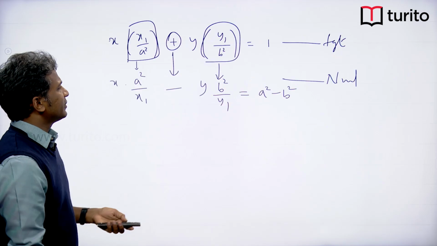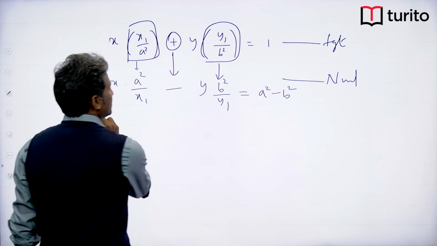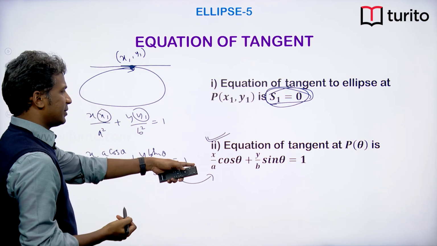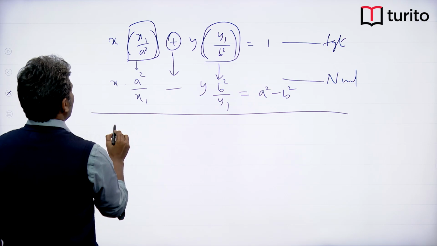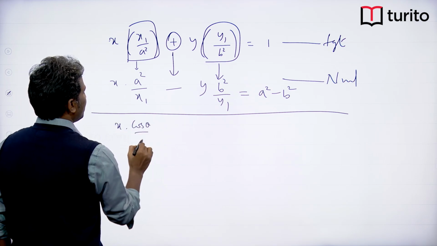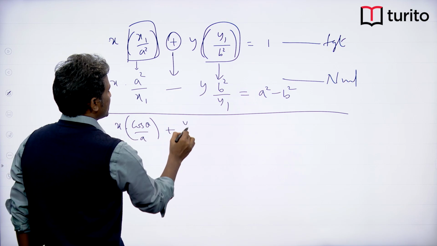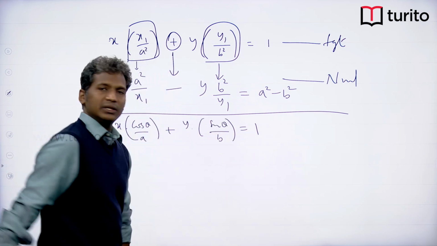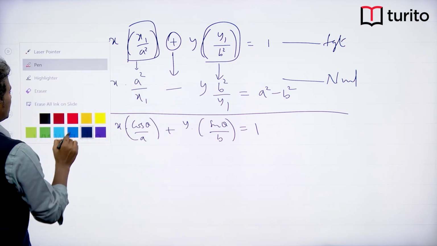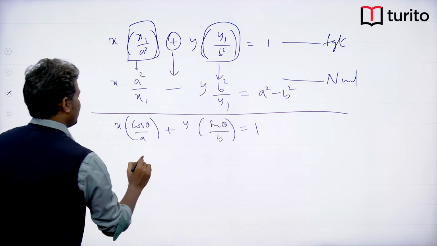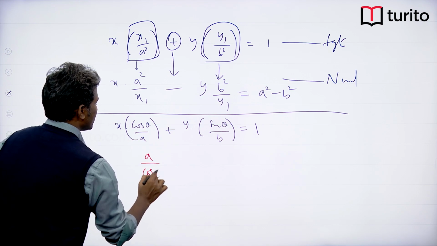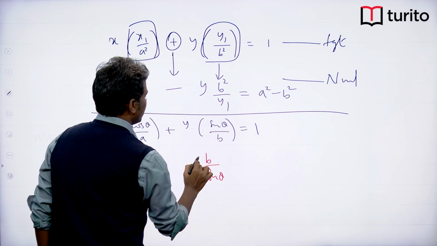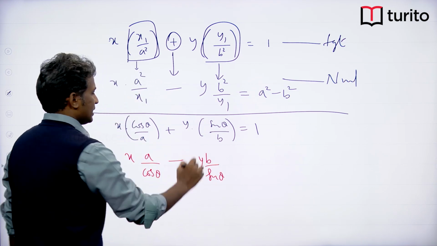Now, let me explain the other case also, which is the parametric form. We have already seen the parametric form here, which is x into cos theta by a, this is the coefficient, plus y into sin theta by b, that is the coefficient, equal to 1. This is our tangent. Now, what is the technique? Flip all of them. Here it becomes a by cos theta into x, here it becomes b by sin theta into y, and now flip the sign.